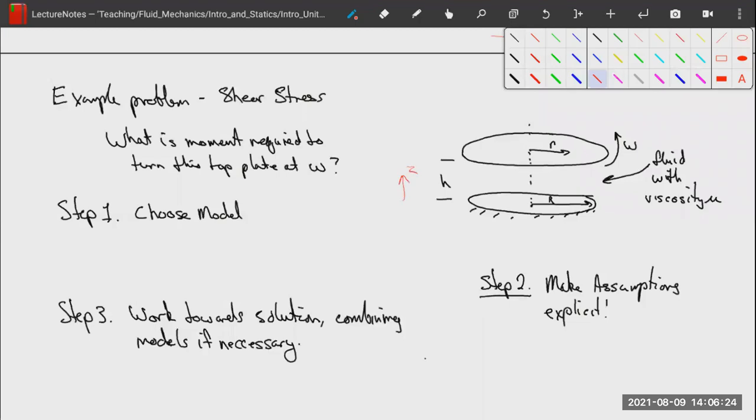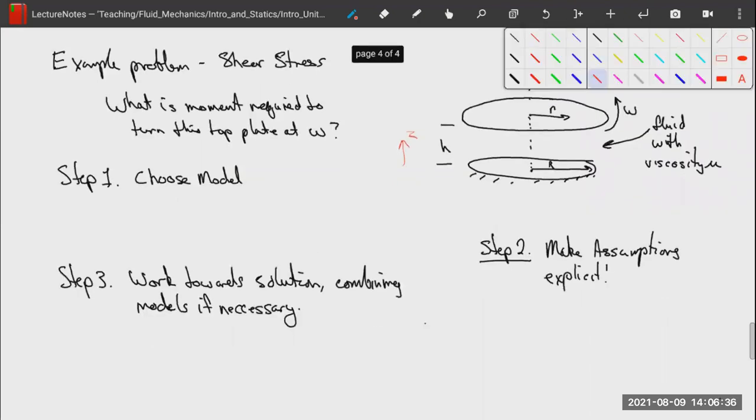So step one for every problem we do is to choose a model. Choose a way of predicting future behavior of physical systems, right? So in this case, I've given you a model already, and the model that we're going to choose first is that our shear stress is equal to mu du dy, which, for a flat plate, and this is kind of a flat plate, is equal to mu times v over h.